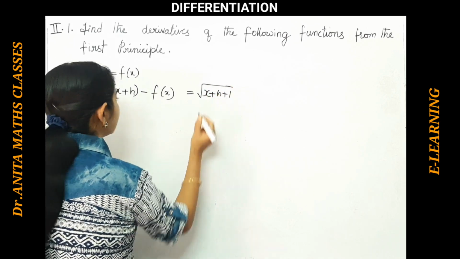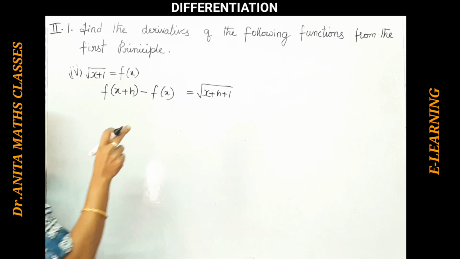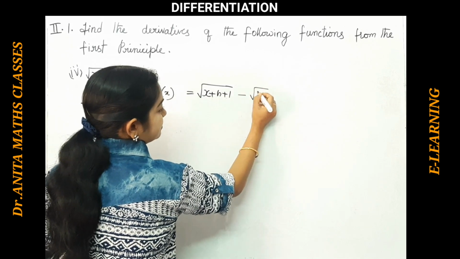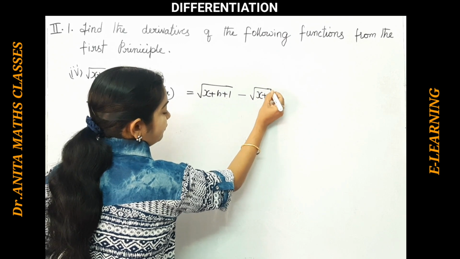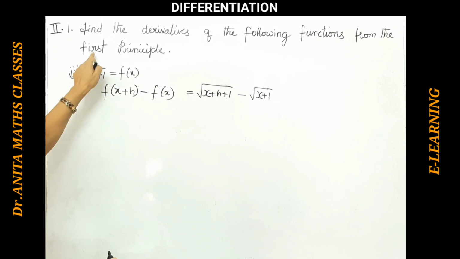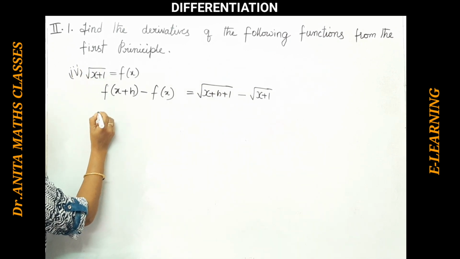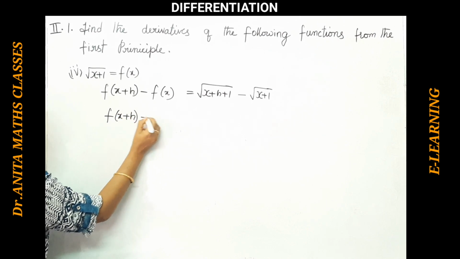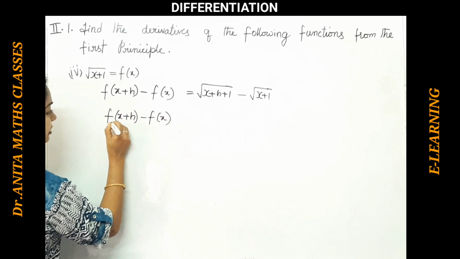That means we are substituting x plus h in place of x, minus f of x, which is under root x plus 1. As we know, in the first principle we take f of x plus h minus f of x divided by h.